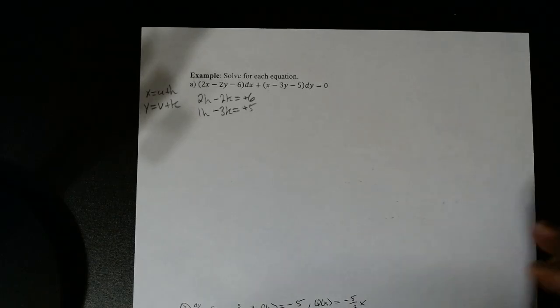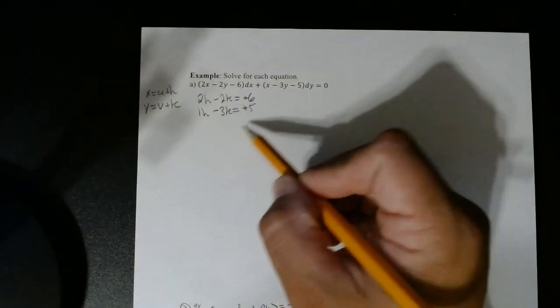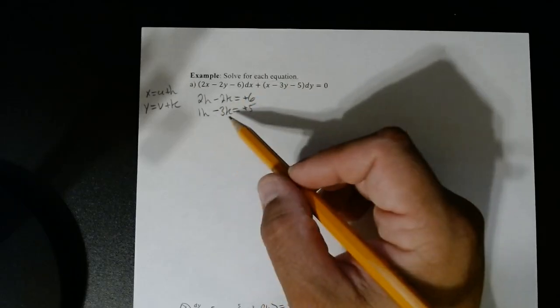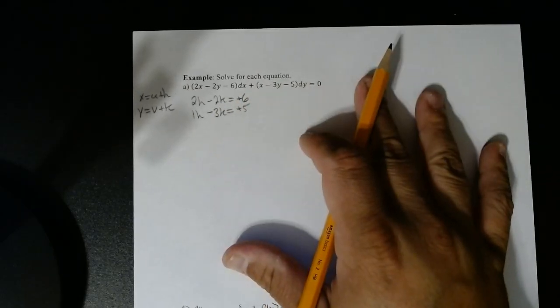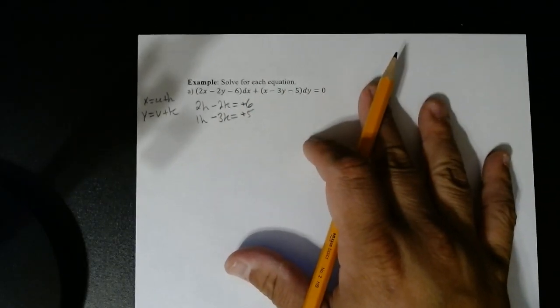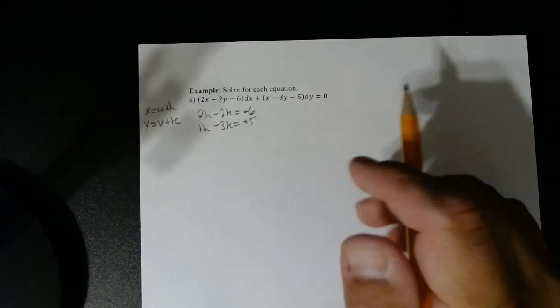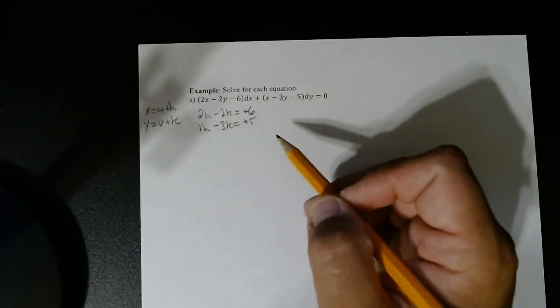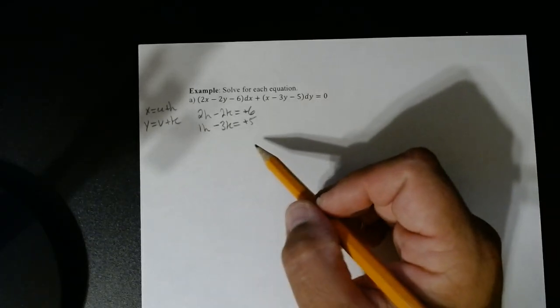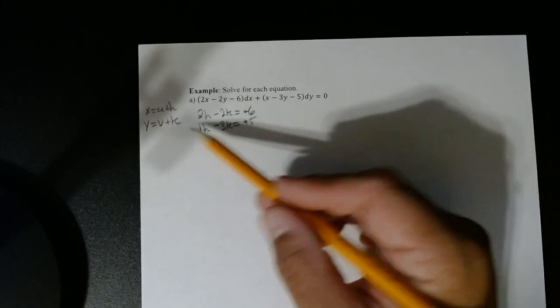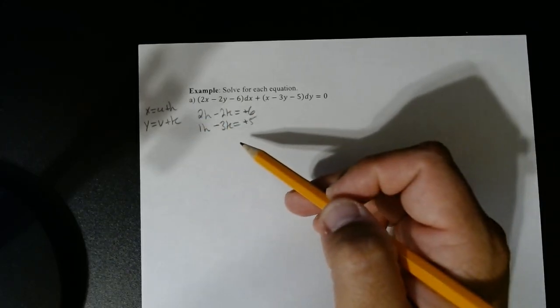All right, so now that we have this, we have to solve for the system. Either way you want to do it, substitution or elimination, it really doesn't matter how you decide to do it. It's going to give you the same answer either way. So I just used elimination, just multiplied by -2 and solved for k, and then went backwards to solve for h.